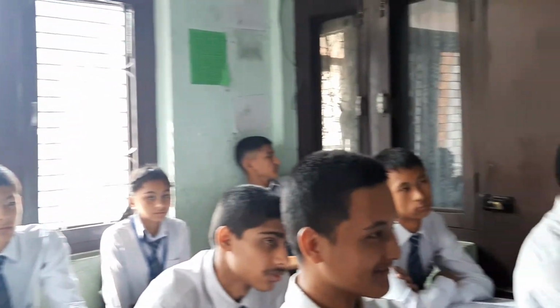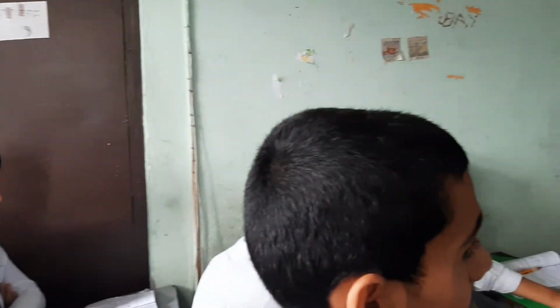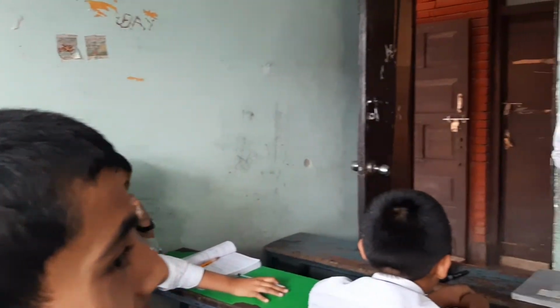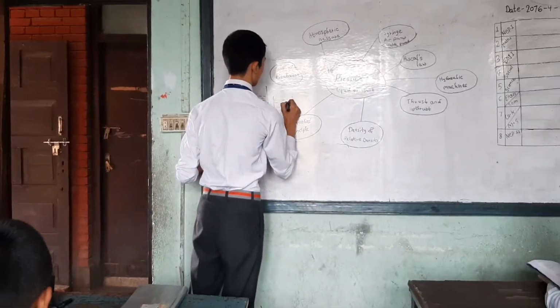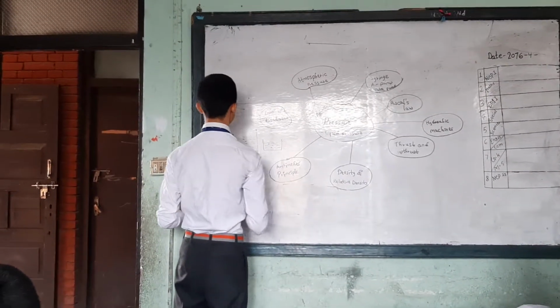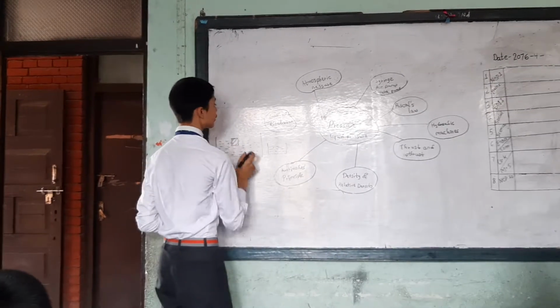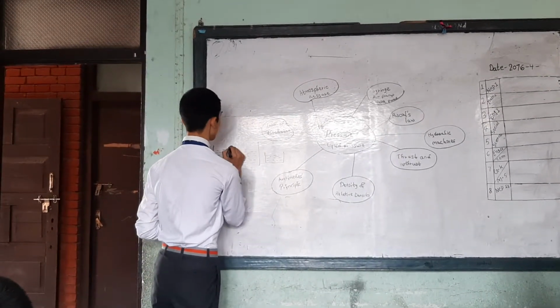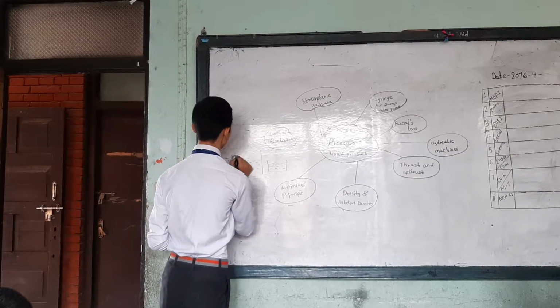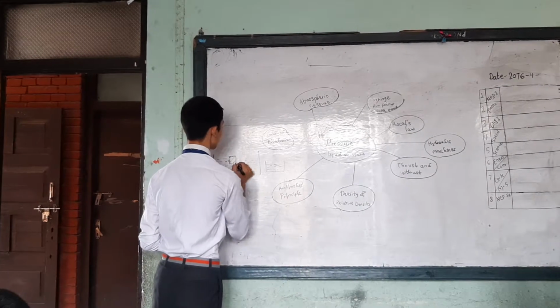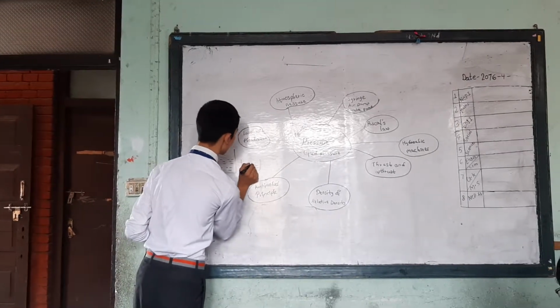We already studied that this body displaces some amount of fluid. So according to the law of flotation, when a body floats in a liquid, then the weight of this floating body is equal to the weight of this liquid displaced.